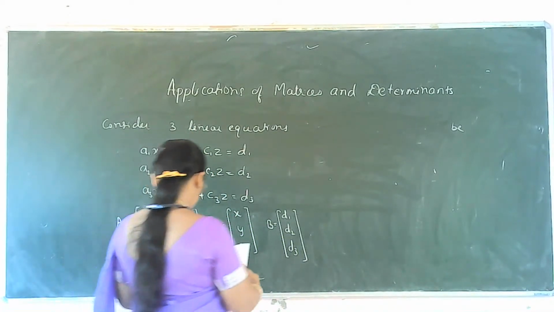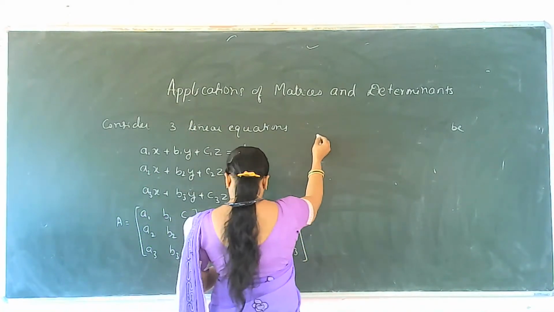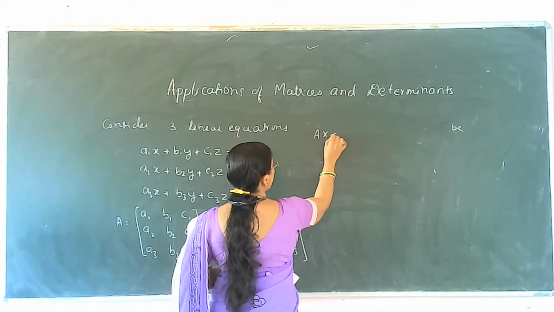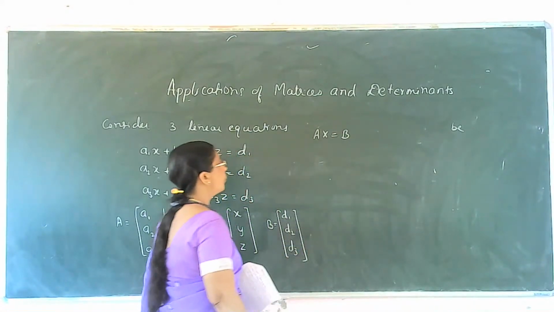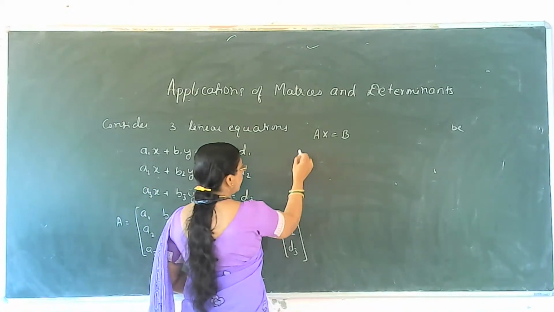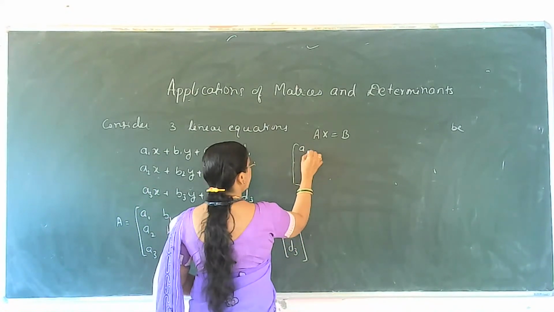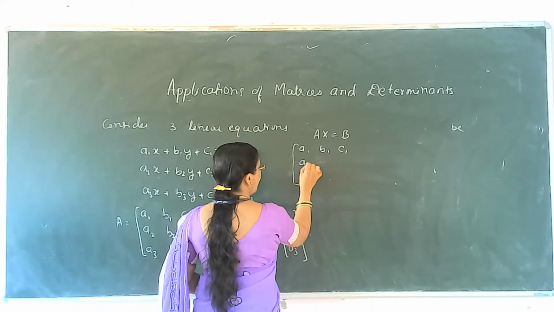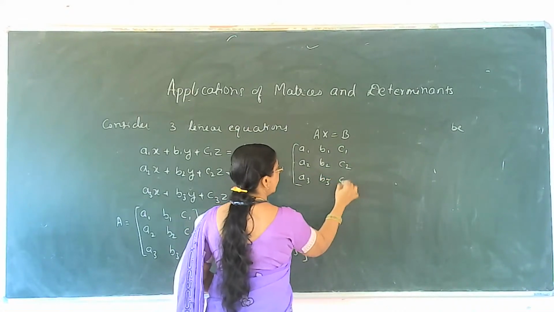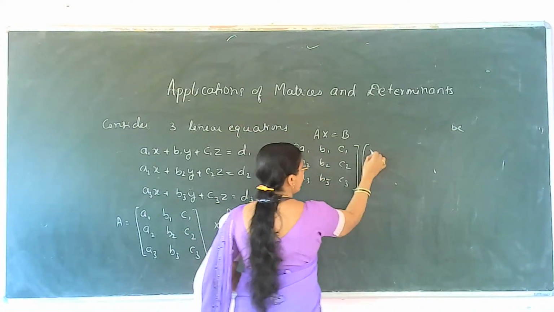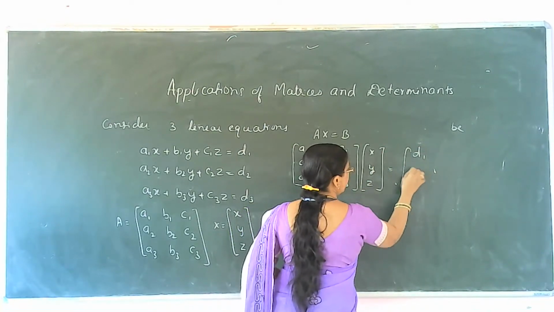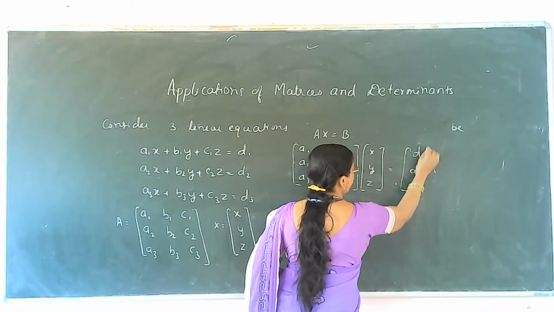I write it in the equation form: Ax is equal to B. Here, A is a1, b1, c1, a2, b2, c2, and a3, b3, c3. Then x is equal to x, y, z, and B is equal to d1, d2, d3.